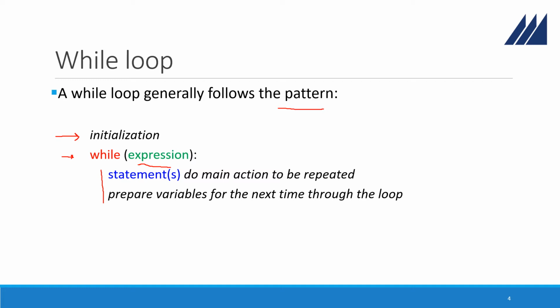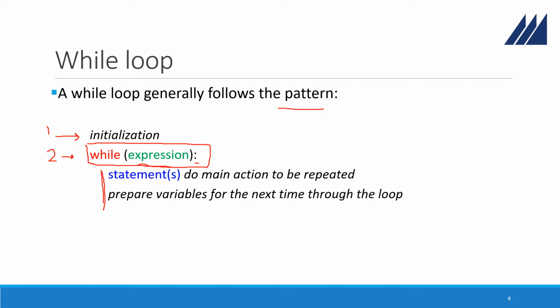Let's go back to it. We have the initialization stage, and then we have the while loop, which we also call the header of the while loop. It starts with the word while. Then we have the expression or expressions, and we can also use and or over here. Then we have the colon. After that, we have the statement.